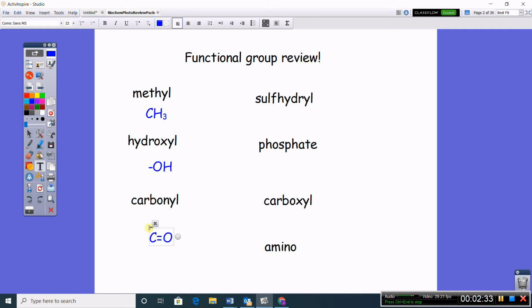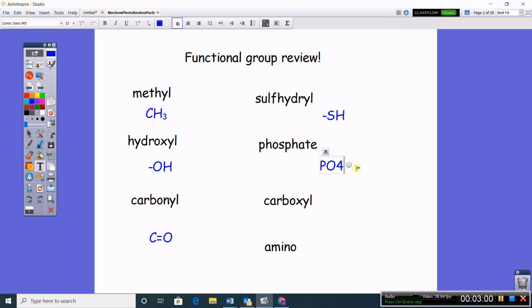If it's at the very end of a molecule, that carbon might be attached to a hydrogen, and then we're going to call that an aldehyde. If it's more in the middle of the molecule, we're going to call it a ketone. Sulfhydryl is just your SH group.